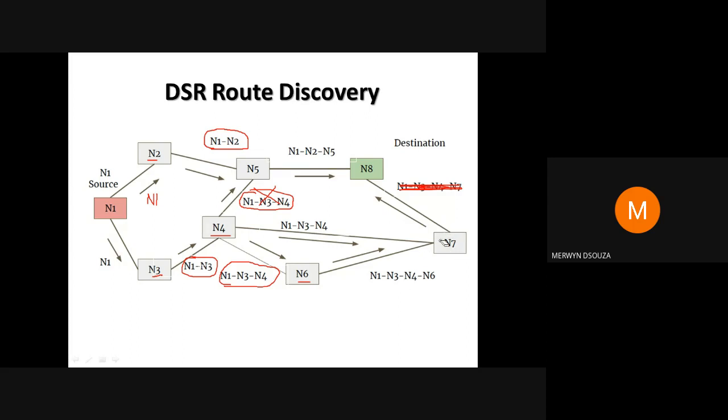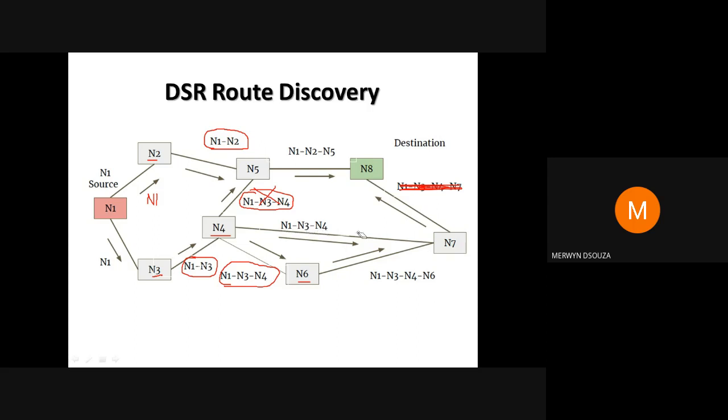N7 similarly gets 2 packets, one from N4, one from N6. Both these are route request packets. Like I have explained previously, N7 will take the shorter one, whichever has the shorter hop count. In this case, it is N1-N3-N4.